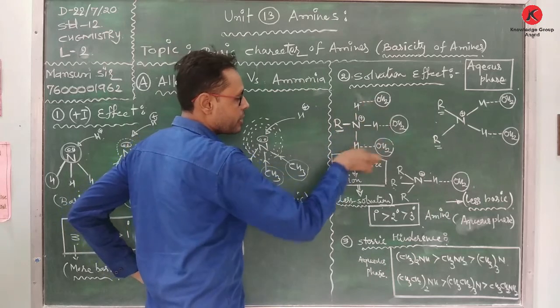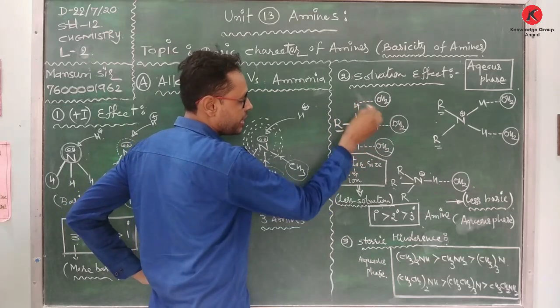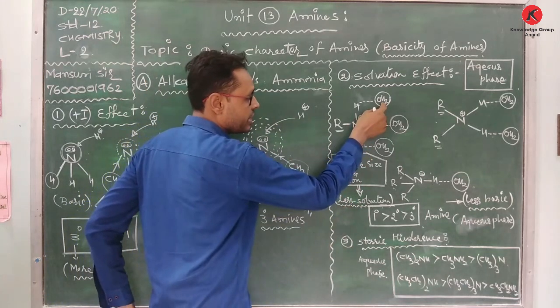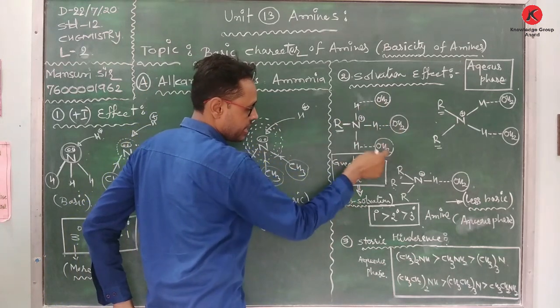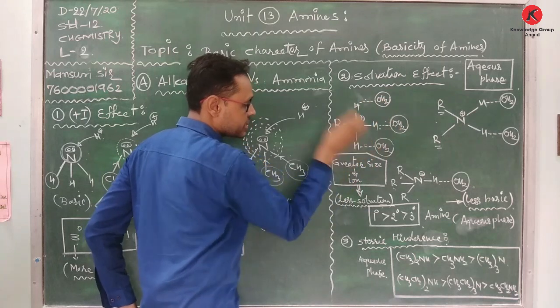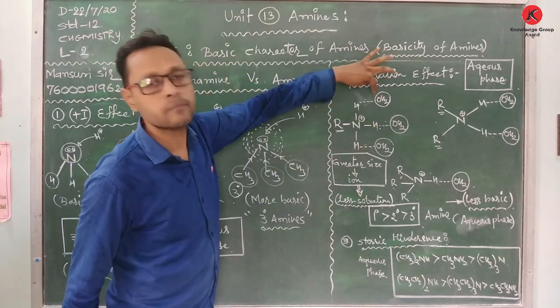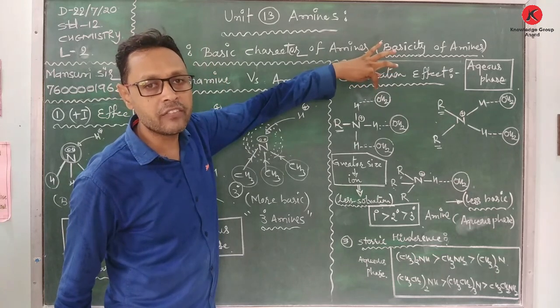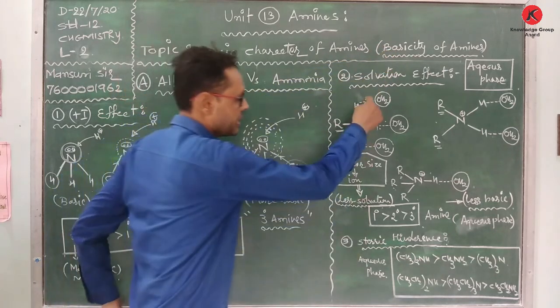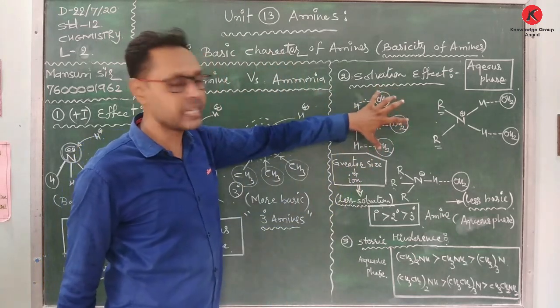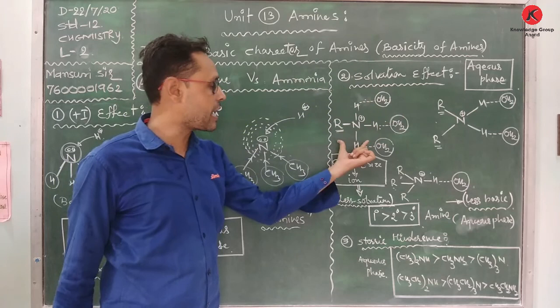But in the ion of primary amine, there are 3 hydrogens, so water reacts with the hydrogens and forms solvation. So in primary amine, solvation will occur at 3 places: here, here and here. So we can say that solvation is more in primary amine.